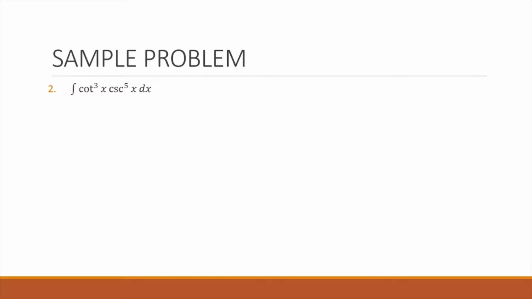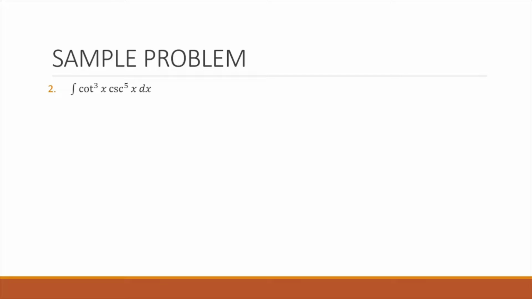You have your cotangent cube x and then cosecant raised to the 5th power x dx. So here, the power of cotangent is a positive odd integer or a positive odd number.